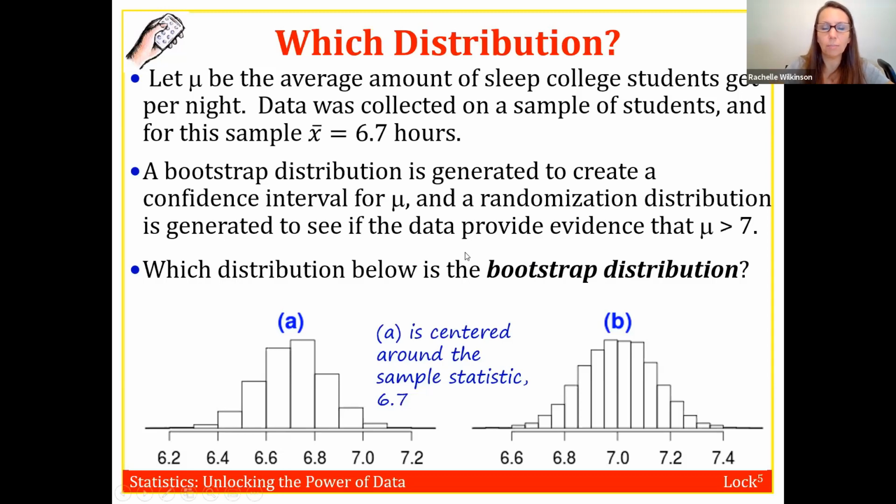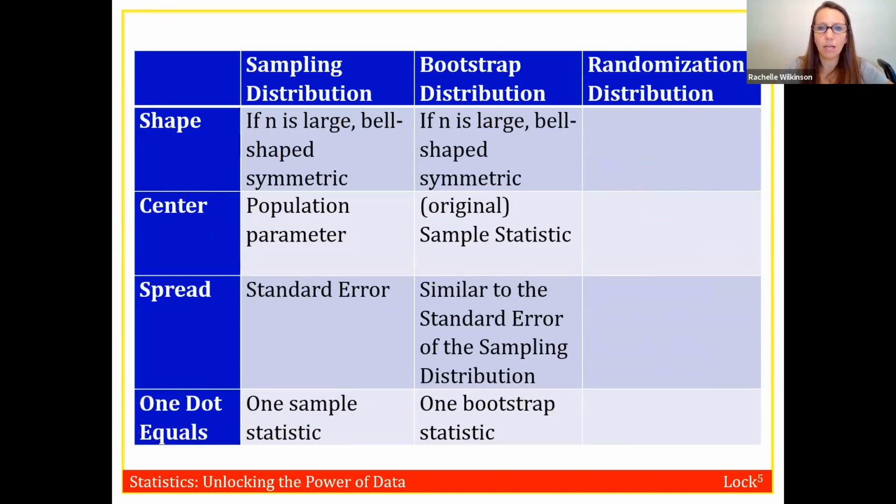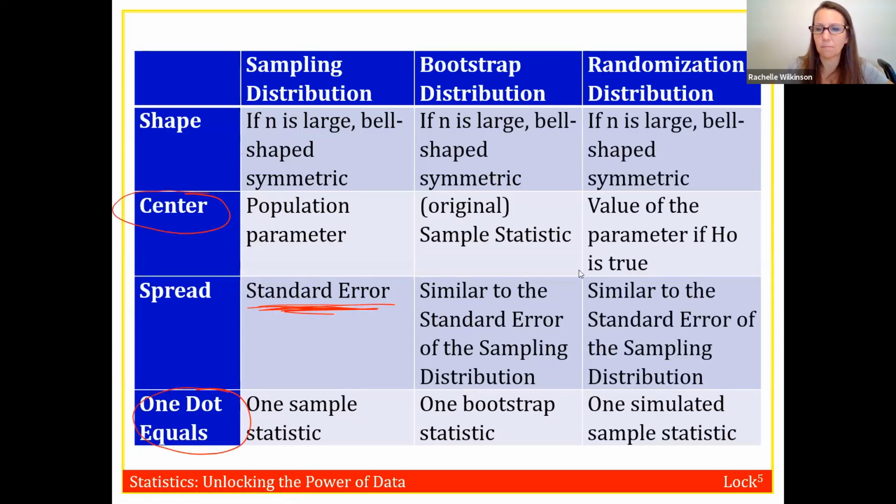If I look back at my chart, I can see that the bootstrap distribution is centered on the original sample statistic, and the randomization distribution is centered on the value of the parameter if the null hypothesis is true.